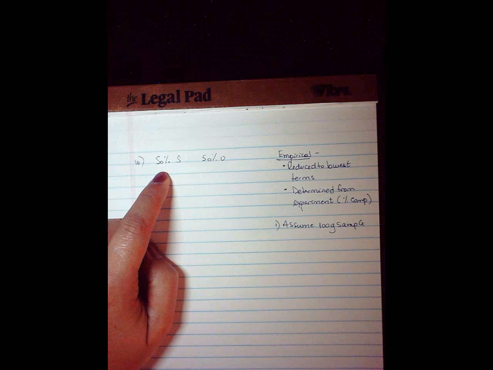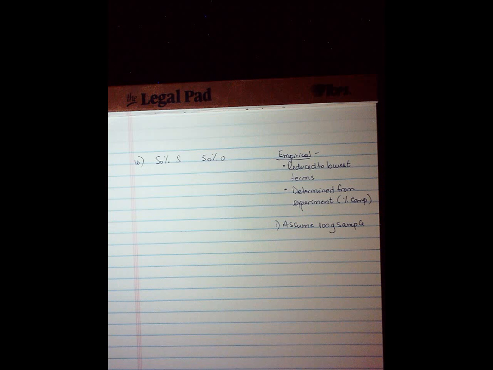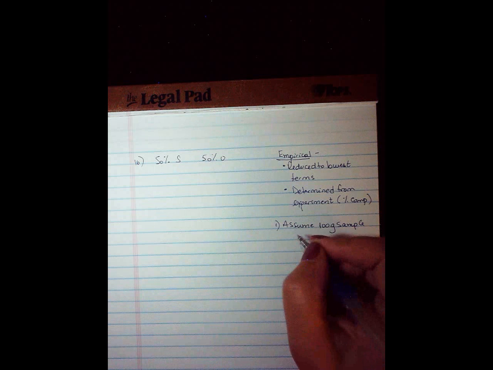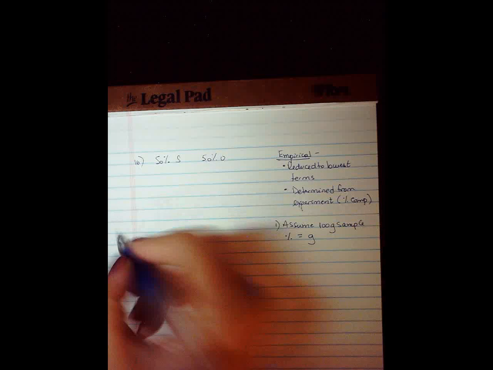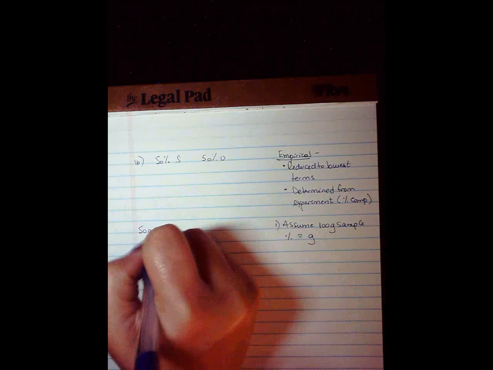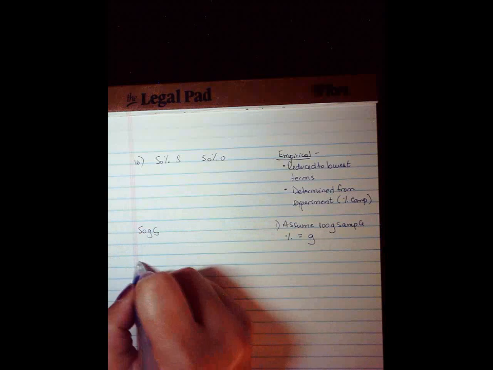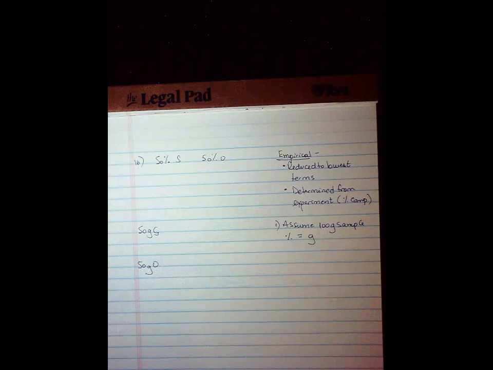What's 50% of 100? 50. By assuming that you have 100 grams of the sample, you can call percentages grams. So you start off by writing 50 grams sulfur, 50 grams of oxygen.